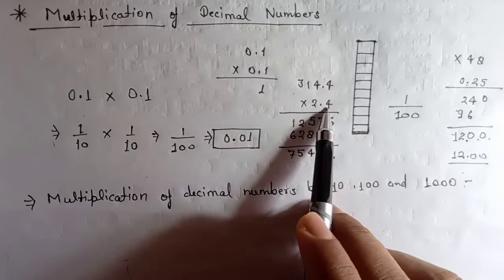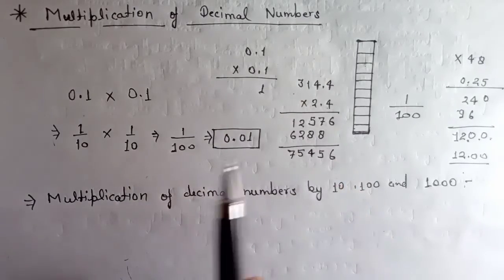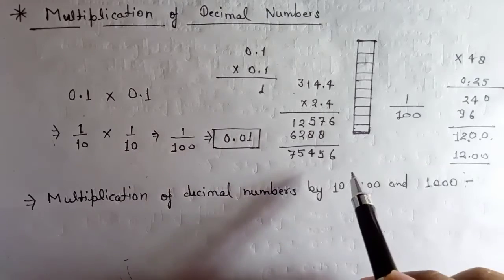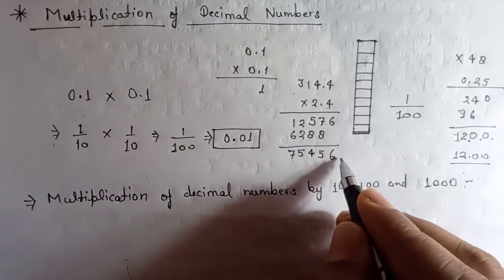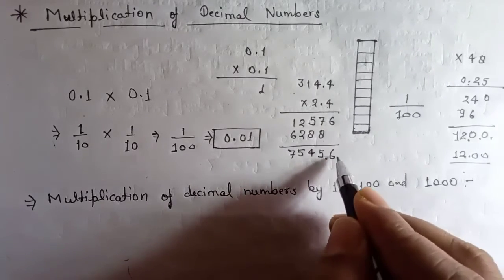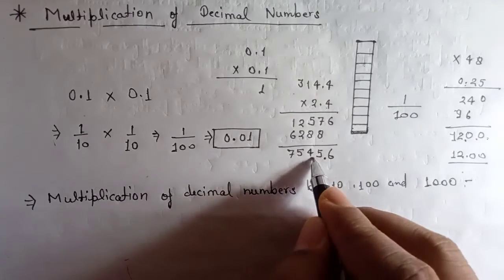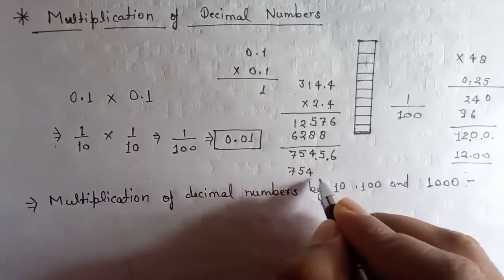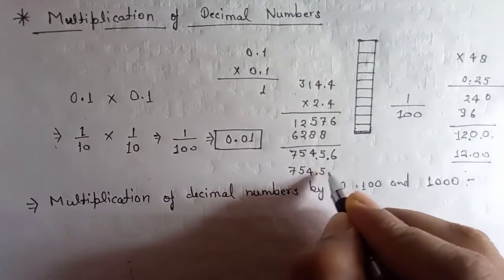There is one digit, 4, and this is the second digit. So you have to place the decimal sign in our answer after two digits. Count from here, start your counting from here: 1, 2. So finally the answer will be 754.56.